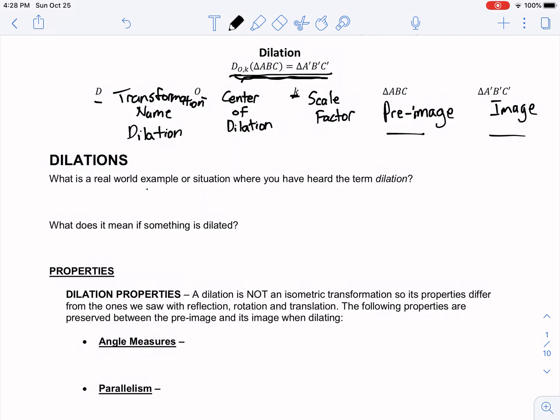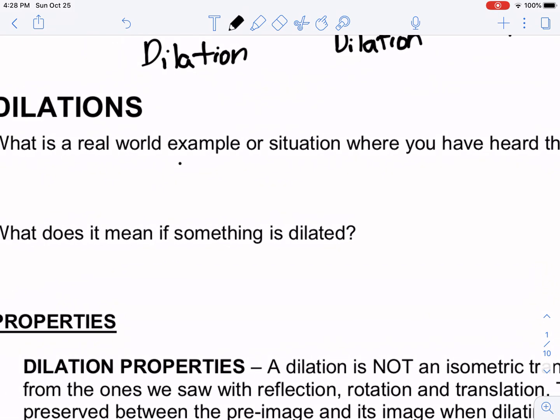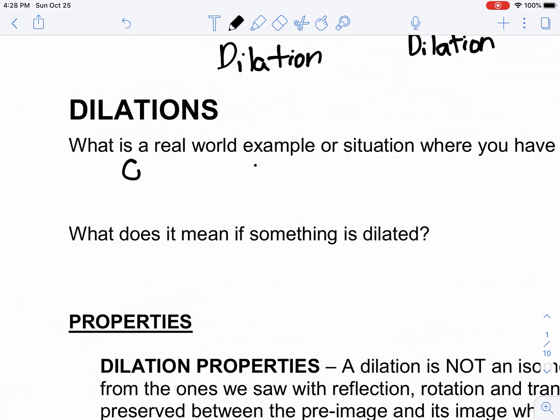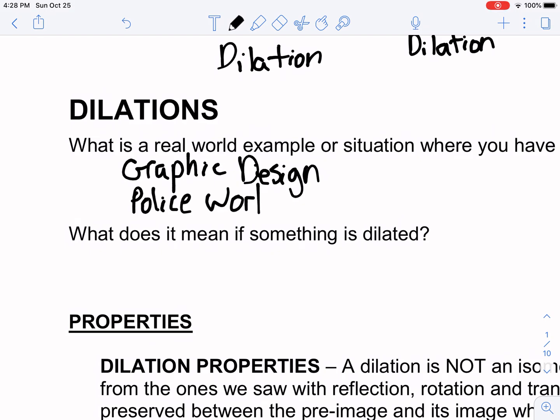Now, what are some real-world examples where you might see this? Well, you might see it in graphic design, maybe in police work like forensics, when you're dealing with photos you might have to enlarge them.